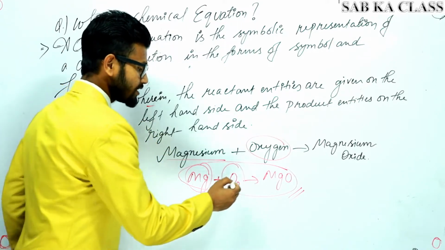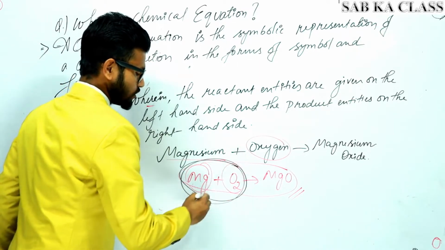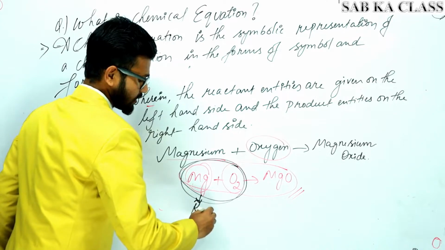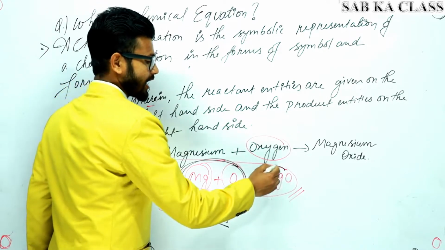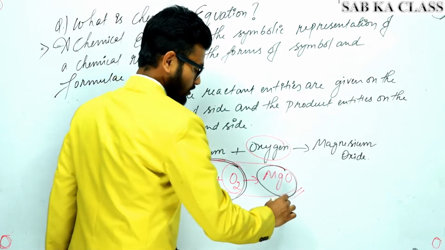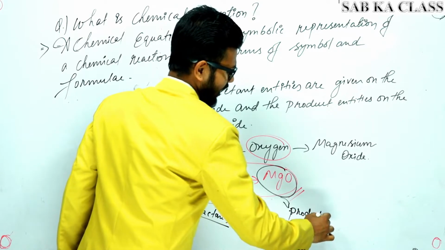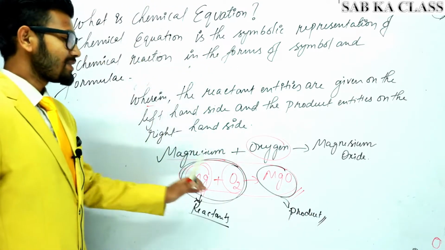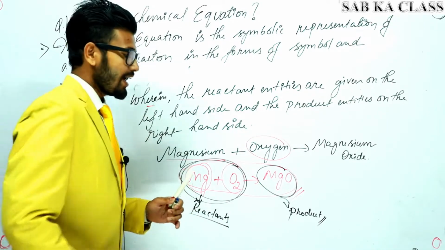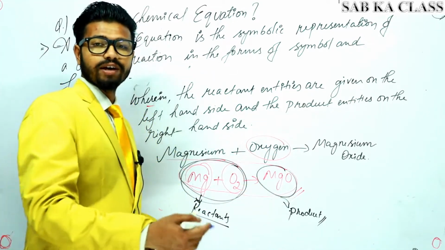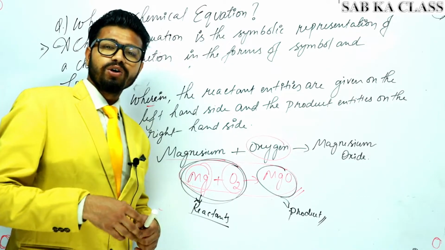So the left hand side of this arrow is called the reactants, and the right hand side is called the product. Keep in mind that the left hand side of the arrow is your reactant, and the right hand side of the arrow is your product. That means the reactants react to produce a product.